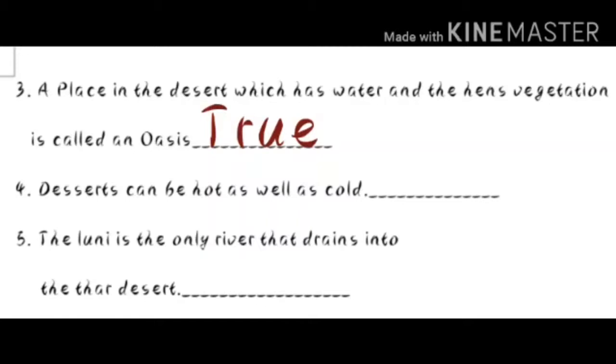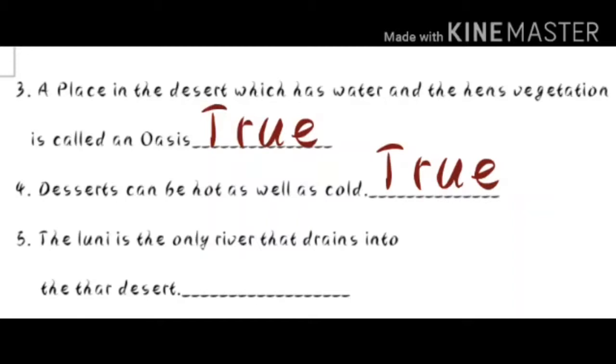True. Fourth one. Deserts can be hot as well as cold. The answer is true. The desert region receives very hot temperatures, and the temperature in the desert can change drastically from day to night because the air is so dry that heat escapes rapidly at night.